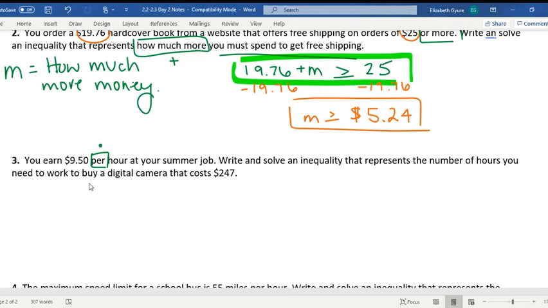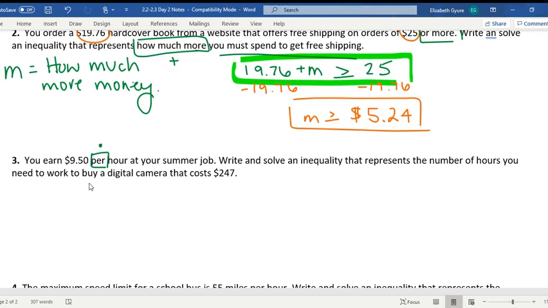Yeah, you could box them together because we're going to have to solve for hours. So that's good. Asia? Oh, the earn, you earn. You could do that. I would honestly say per is really my only math action word here. We're going to have to use our context clues to figure out what inequality symbol we need.